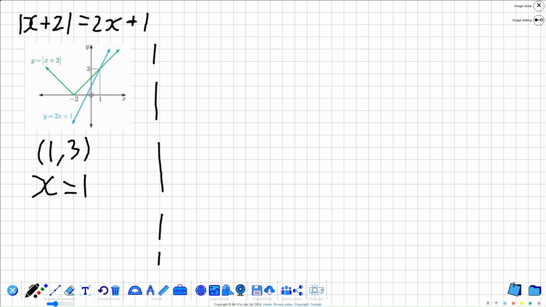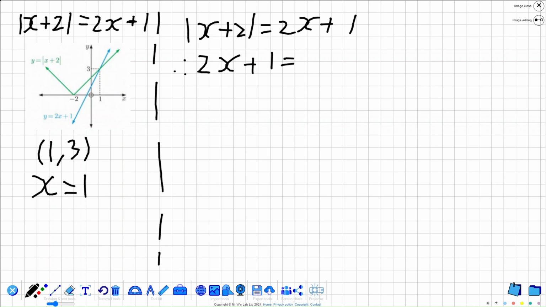So what we would do is rewrite the equation |x + 2| = 2x + 1, which we can evaluate to become 2x + 1 = ±(x + 2), like that.